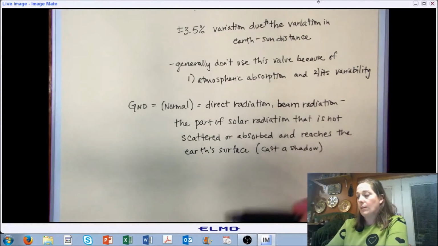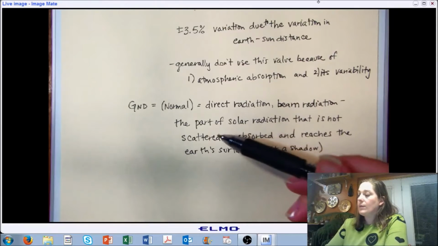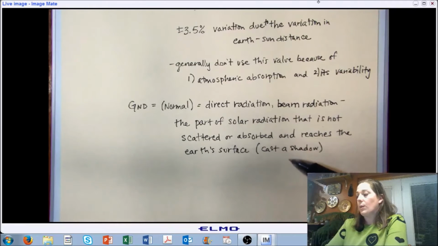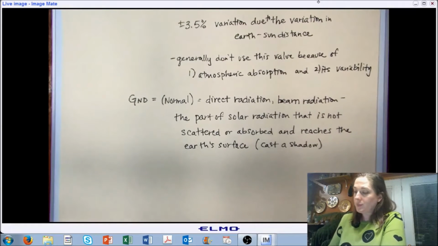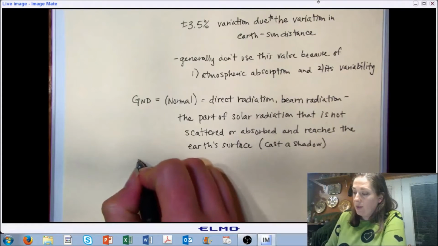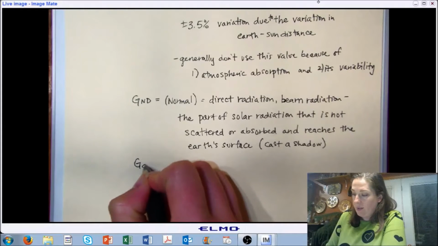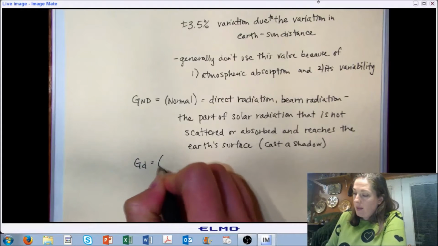But there's some portion that comes straight through and reaches the surface. If we were talking light, scattered light and absorbed light aren't the ones that cast a shadow. The light that reaches the surface is what casts the shadow. So it's kind of the unadulterated radiation that reaches our surface.